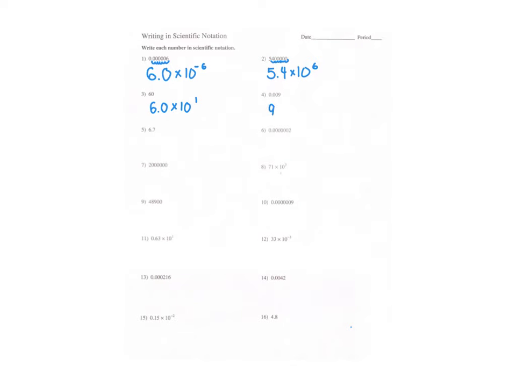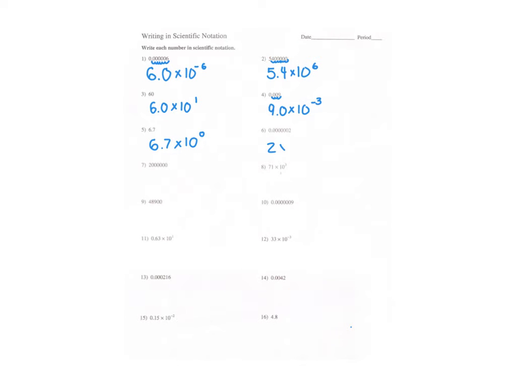The next one is 9 or 9.0 times 10 to the 1, 2, 3, to the negative third, again, because it was less than 1. The next one, we don't need to move the decimal at all, so it's just 6.7 times 10 to the 0, because we moved it over 0 times.